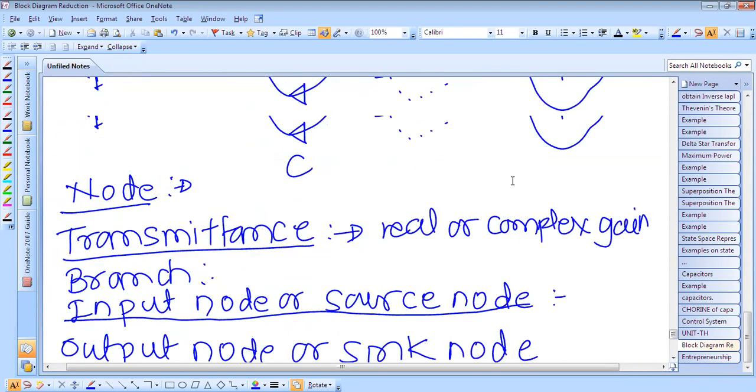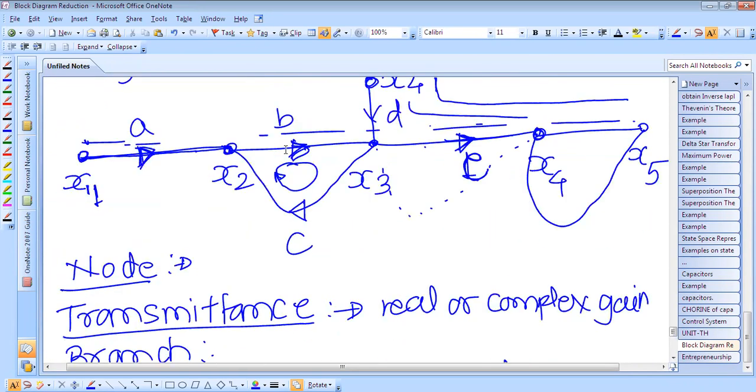This branch depends on signal x1 as well as on transmittance A, because whatever signal comes to this node gets multiplied by the transmittance.